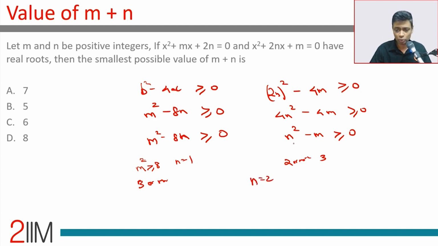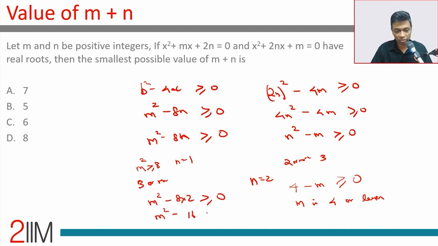Put n equal to 2. n square is 4. 4 minus m greater than or equal to 0, or m is 4 or lesser. m square minus 8 into 2 greater than or equal to 0. m square minus 16 is greater than or equal to 0. m is 4 or more, or m could be 4. n equal to 2, m equal to 4 works.